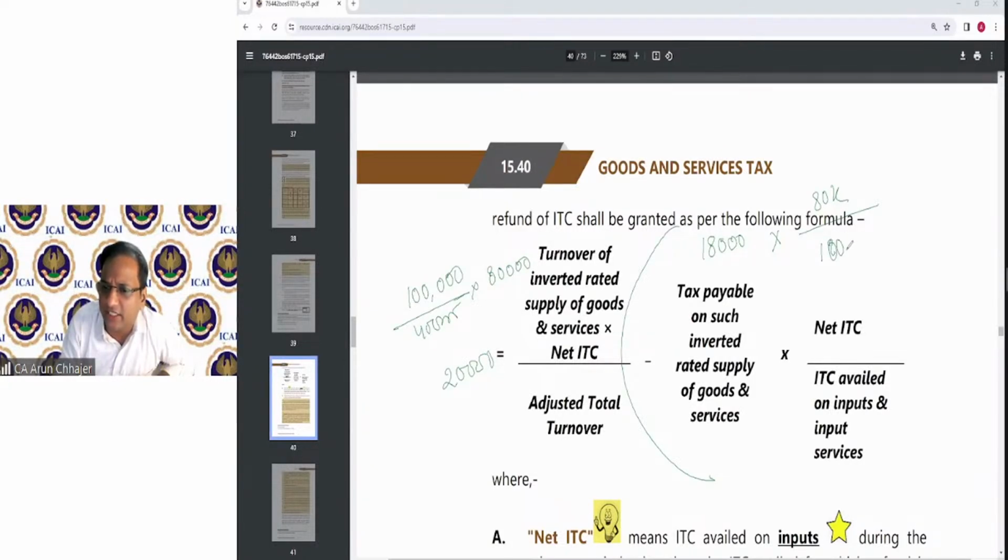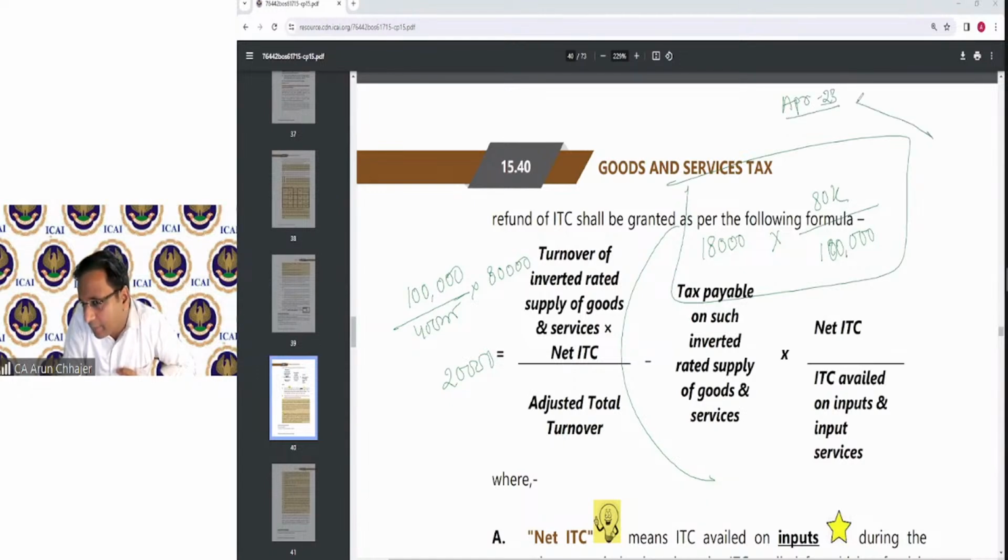Let's say we are applying the refund for the month of April 2023. In this April 23, I have claimed the ITC of input 80,000, ITC of input service 20,000. My total ITC is 1 lakh.